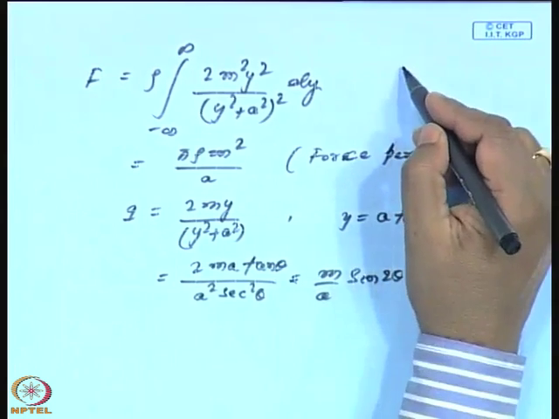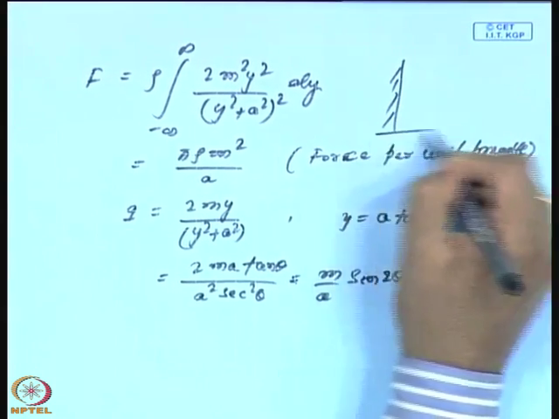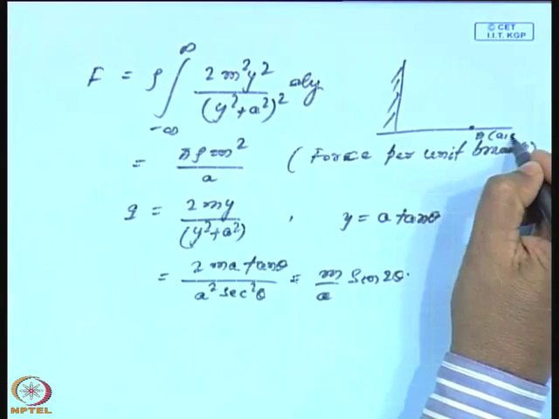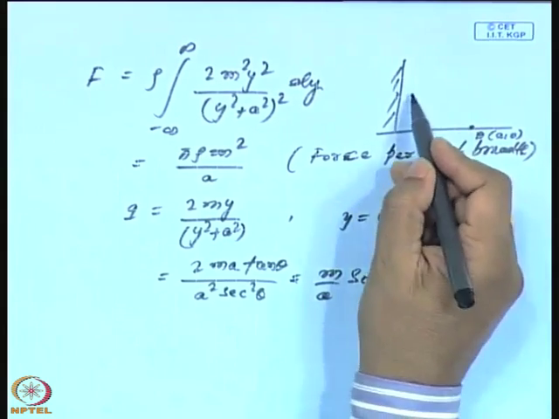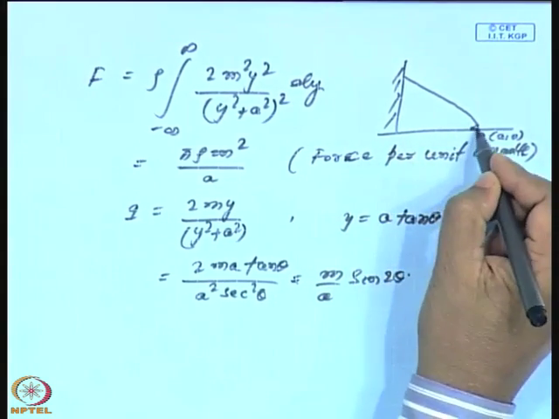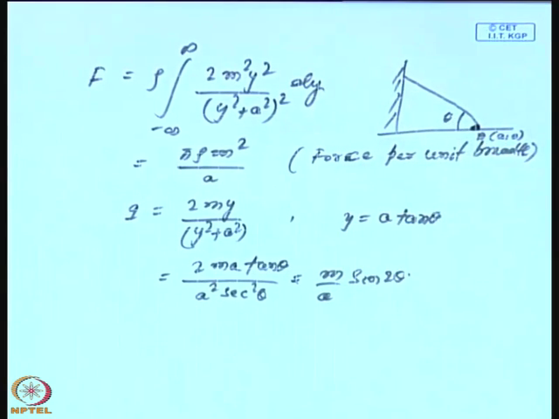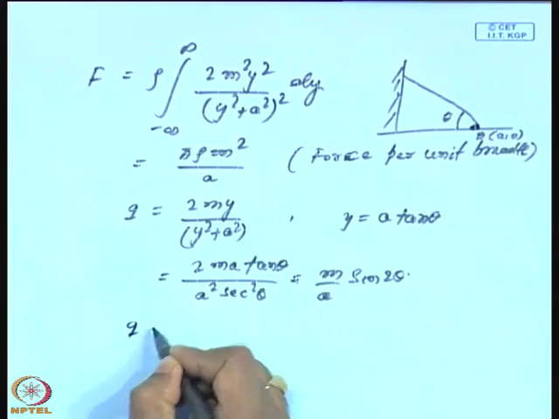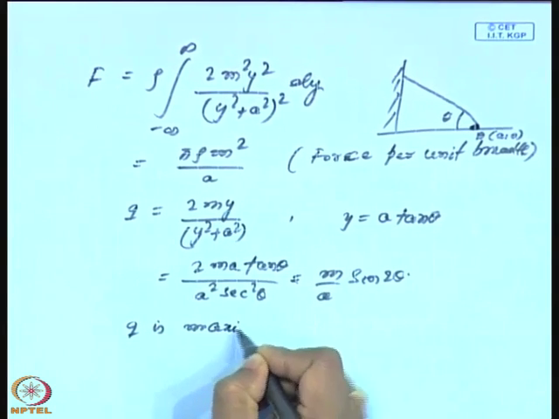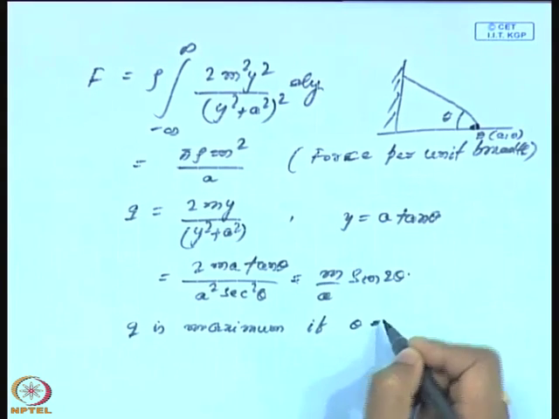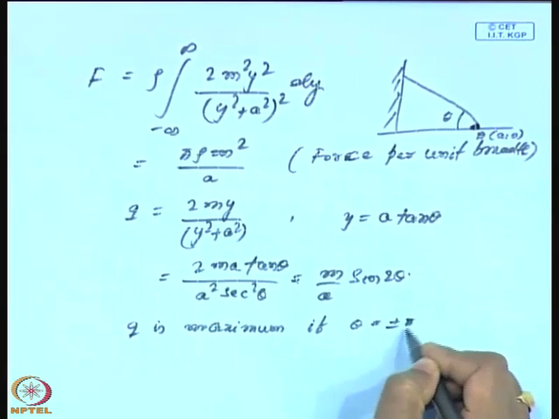So if my wall is here, and the point is a, 0, then if the line to the point makes an angle theta with this axis, q is m by a sin 2 theta. Then q is maximum if theta is equal to plus minus pi by 4.